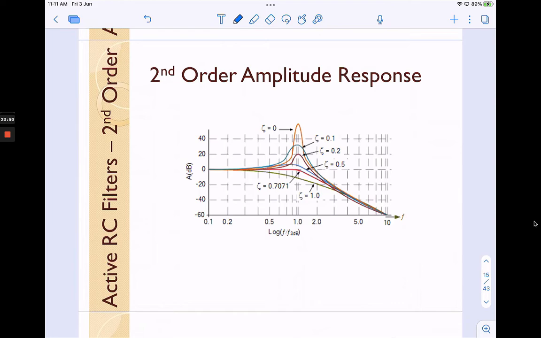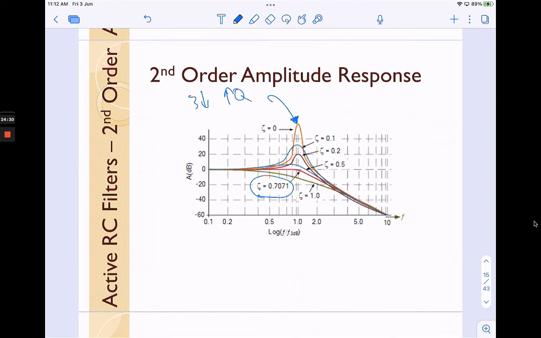If we have a low value of zeta, which means a high value of quality factor, you get a response that has a peak on the cutoff frequency region. The higher the value of Q, or the lower the value of zeta, the higher the peak will be.